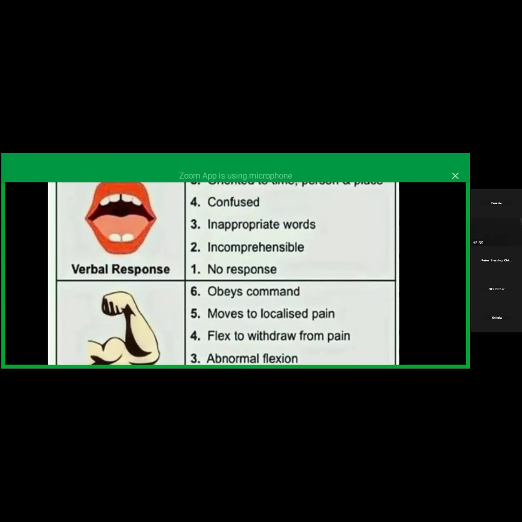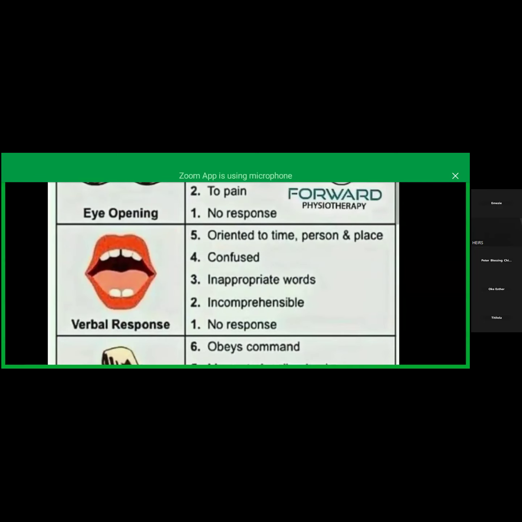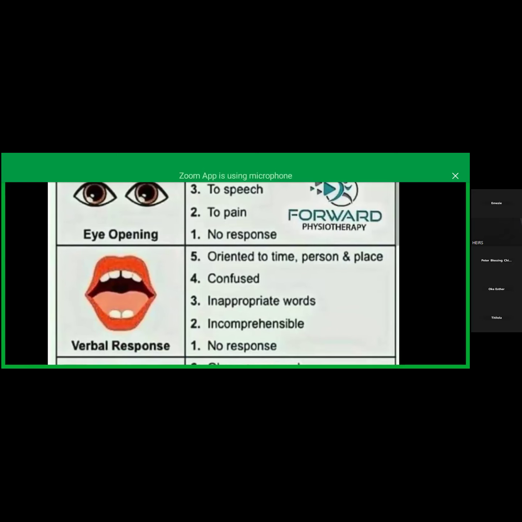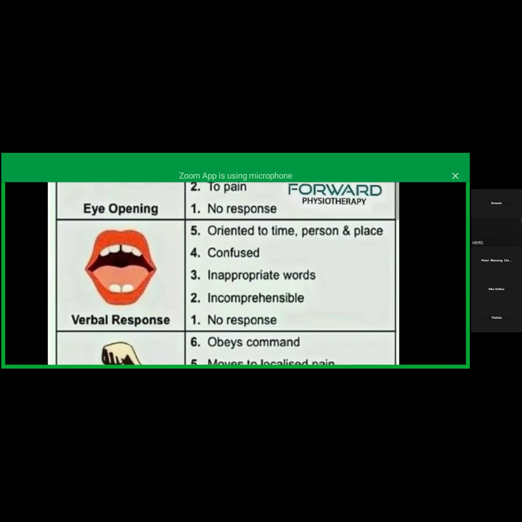It's simple. We add the score we get in eye opening. Let's say we get a score of 2 in eye opening. We add it to the score we get in best verbal response. If we get 2 in eye opening, we get 4 in best verbal response. 2 plus 4 is 6.